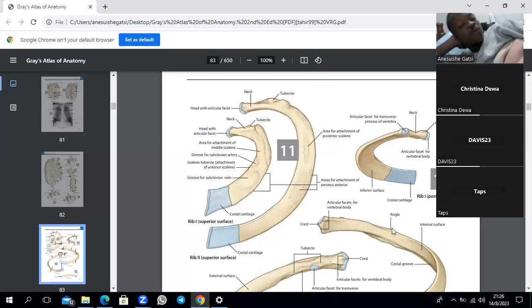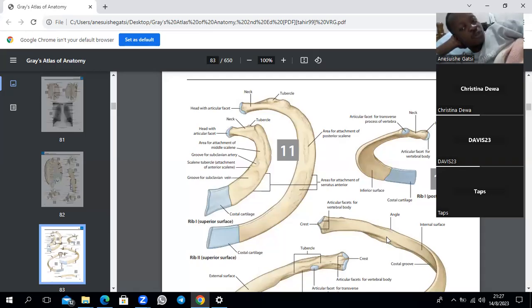Right. So for you to be able to see that a rib is atypical, you need to be able to define a typical rib. If you're able to navigate your way through knowing what a typical rib looks like, only then can you know what's peculiar about another rib.